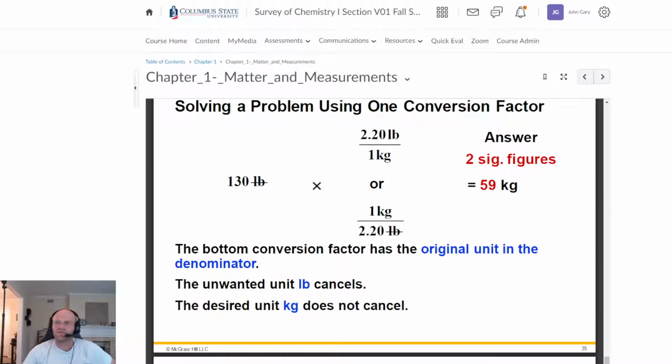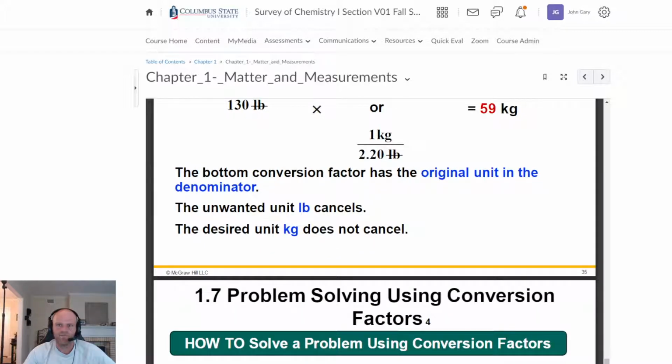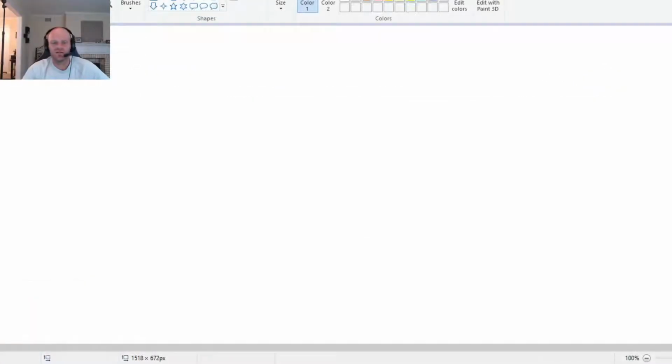Okay, so just make sure that you have the conversion factor oriented the right way. Oh, I didn't show that to y'all. Sorry about that. One more time.